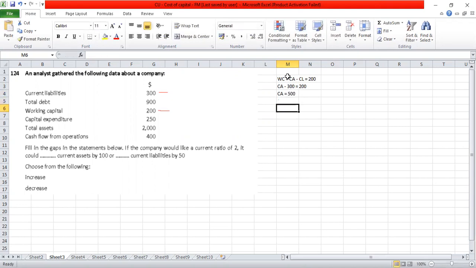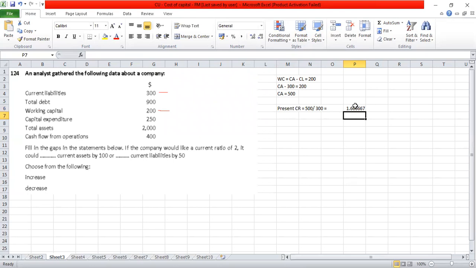Now the present current ratio is current assets, 500, divided by current liabilities, 300. So how much would that be? 1.667.